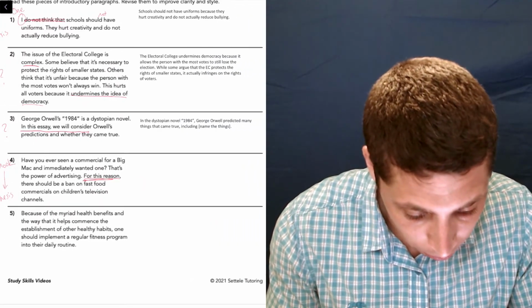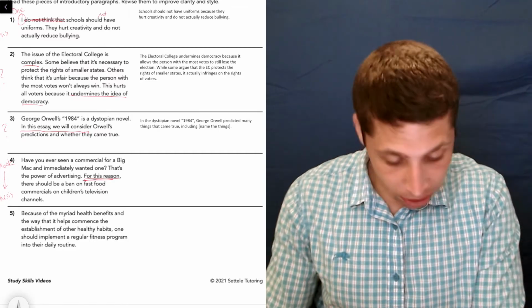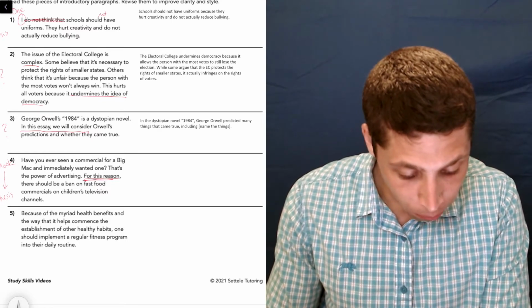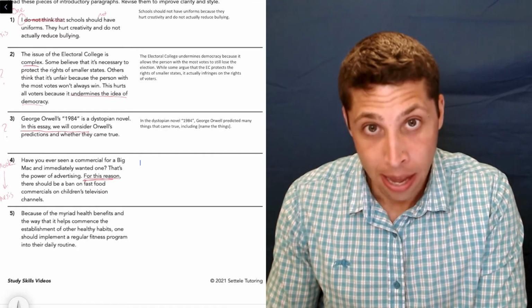So let's see, what can we do? Well, let's keep all the same. Let's just talk about what we're going to insert here. "Have you ever seen a commercial for a Big Mac and immediately wanted one? That's the power of advertising.